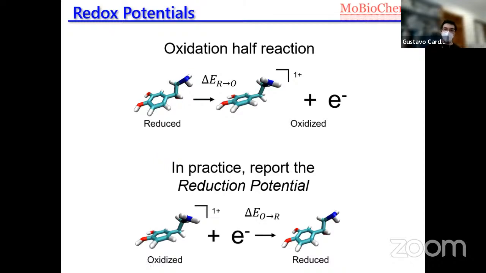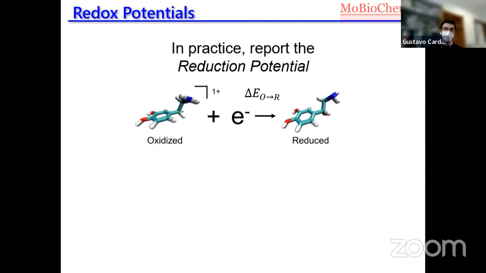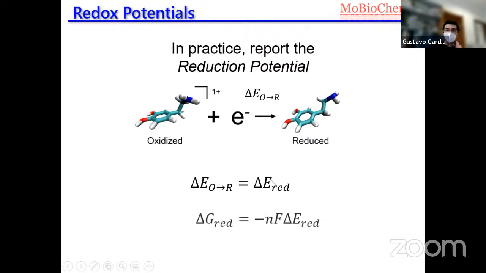Okay, so after this premise, as I said before, we're going to focus on that process. What do we do in practice? How do we get this so-called redox potential? The reduction potential, which is the potential between the reduced species minus the oxidized species, is simply the so-called redox potential.